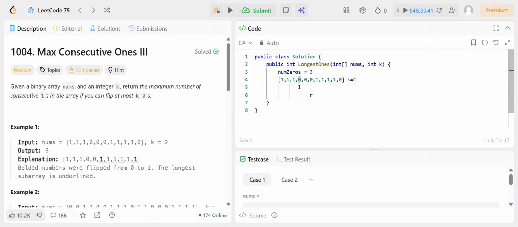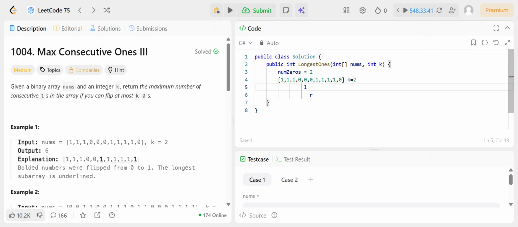At this moment, the left index is holding a 0 value, so I will decrease the number of zeros by one, making it 2. So now we have left and right here, and we will increase this left also.